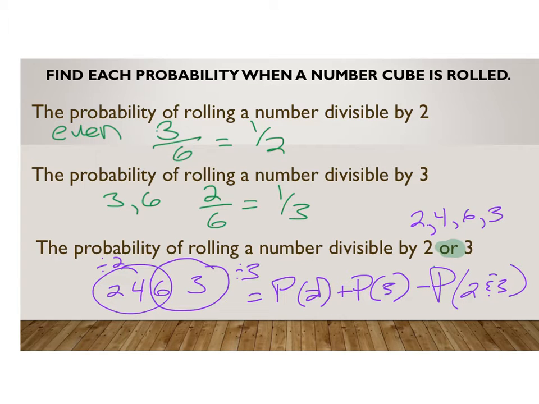All right, so what we get is 1/2 plus 1/3 minus the probability of 2 and 3, which is just 1/6, which is 6, right? So this ends up 5/6 minus 1/6, or 4/6. We have 4 correct outcomes divided by 6 possible outcomes.